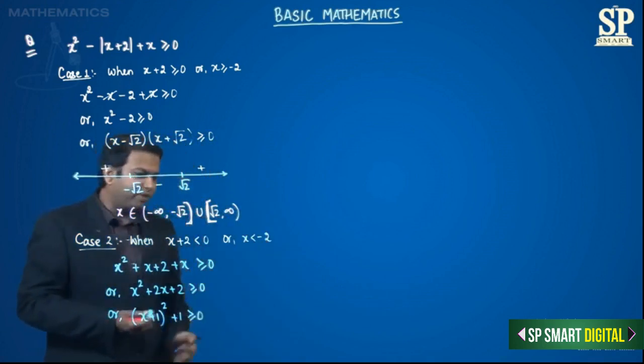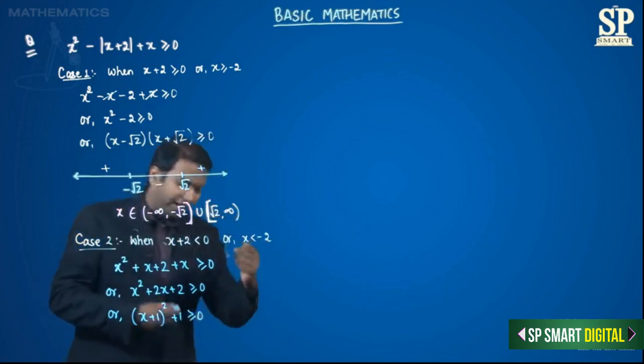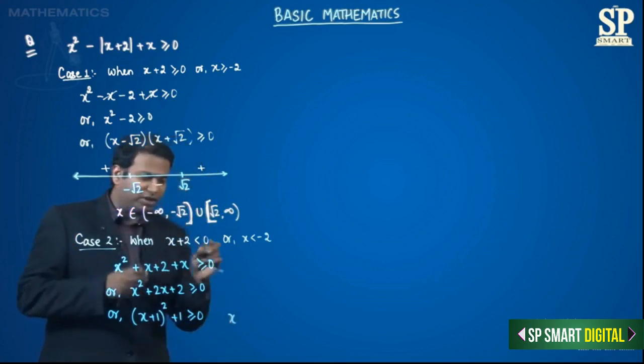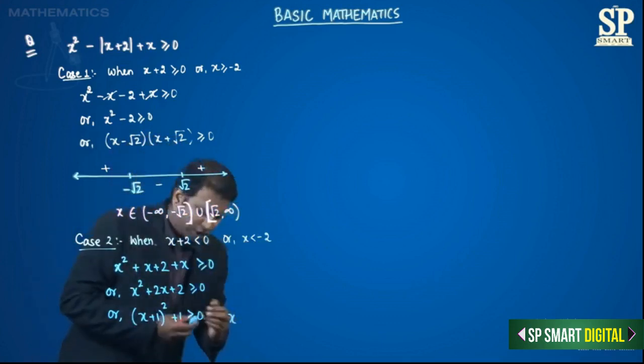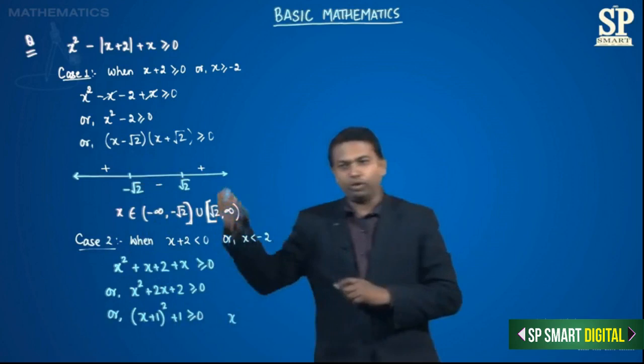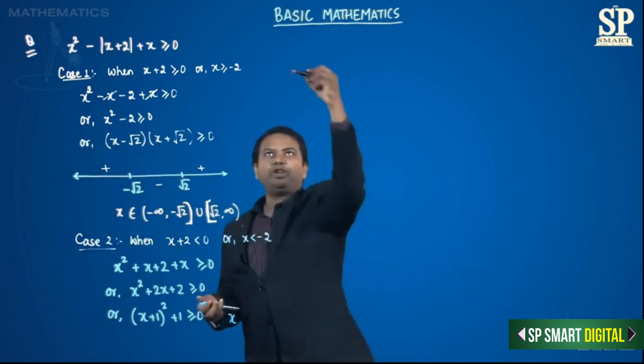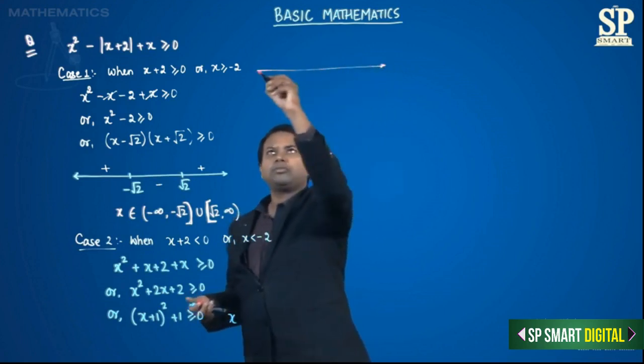So this is valid for all values of x. So here x is satisfied for all values satisfying these two conditions. So let us try to put these two cases on a number line and get the final answer. So first let me draw the number line.